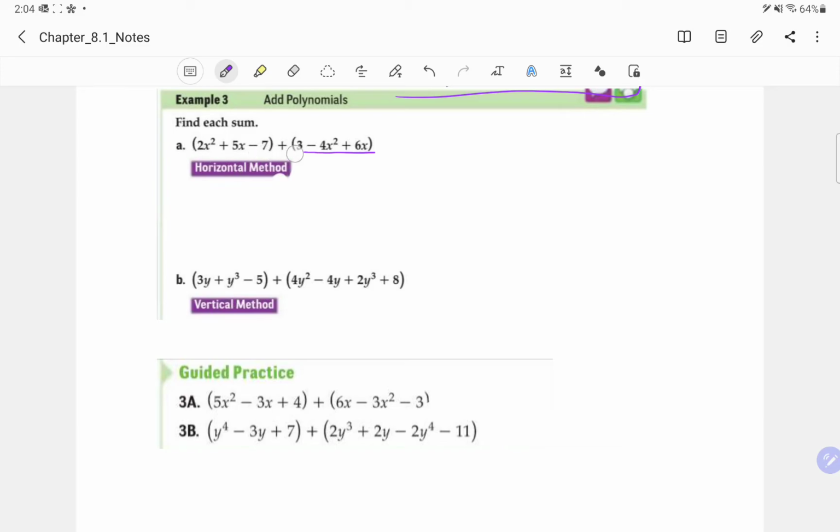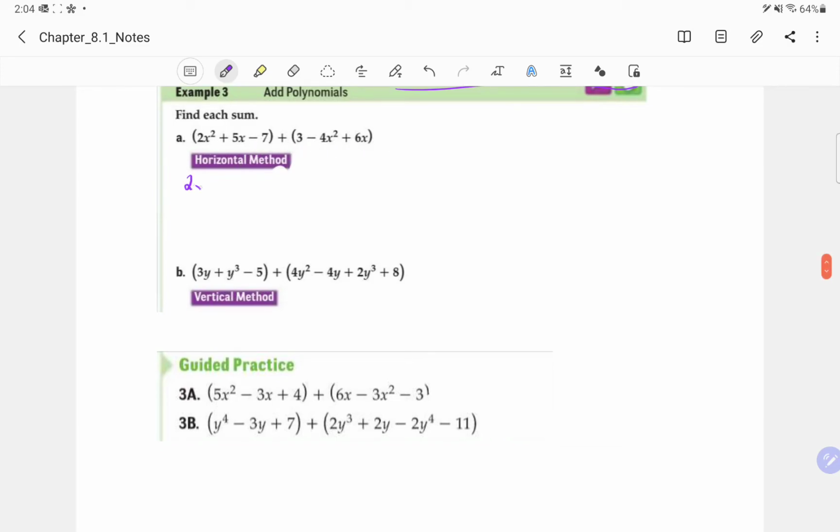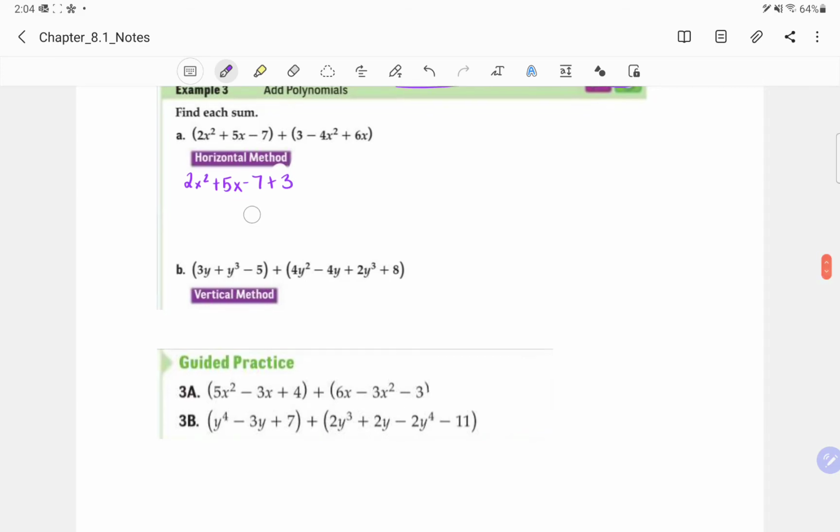They're just telling you this is the first polynomial, here's the second one. But we don't actually need them, so we can rewrite this without the parentheses. And as I'm doing that, I'm going to change everything to addition. So it's going to be plus negative 7, plus 3, plus negative 4x squared, plus 6x.